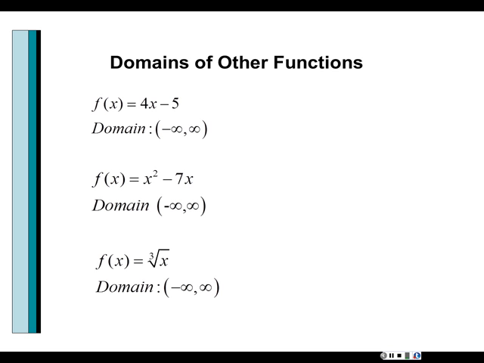For example, some domain sets are given here. One good thing is that for none of these equations or functions will we have any chance of getting division by 0 or a square root. Why? Look at the first equation. See, there is no division by x.